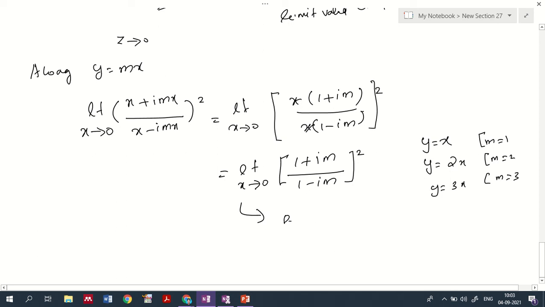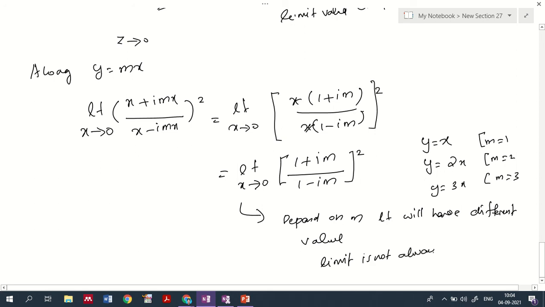It depends on m, so the limit will have different values. Since we are getting different values for the limit, the limit does not exist.